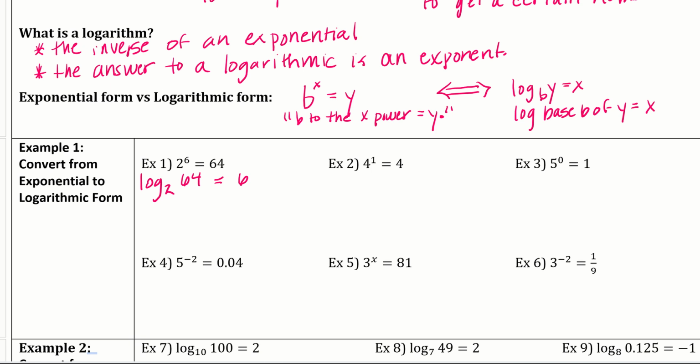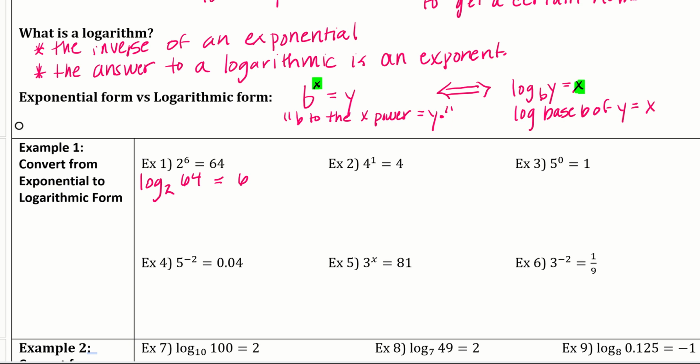So your exponent is your answer, just like it is up here. Your exponent x is your answer when you write it in log form. You're just switching it around so you can get used to seeing what it looks like.